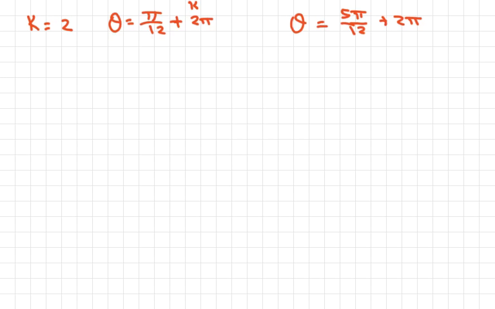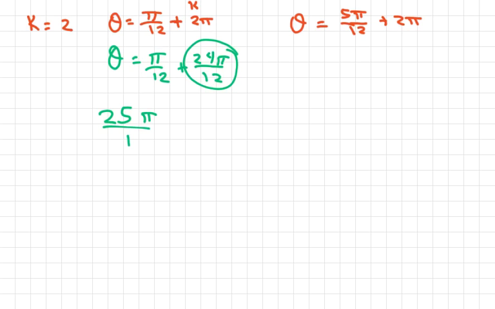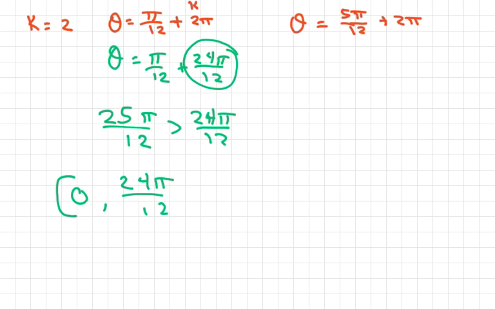When you look at this first one here, you have pi over 12 plus 24 pi over 12. Clearly, just looking at that, we're adding a 2 pi here. It's going to be too big. So that's 25 pi over 12, and that's bigger than our 24 pi over 12, because we only want it from 0 to 24 pi over 12. And then clearly this one won't work as well because that's going to be too big.